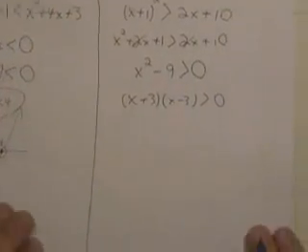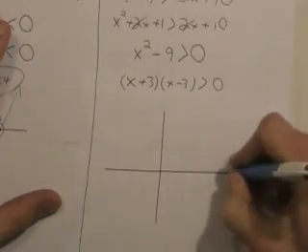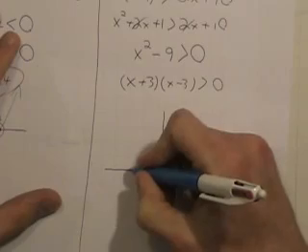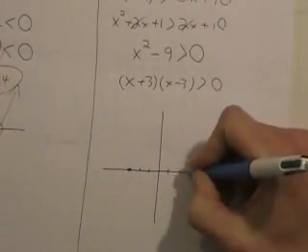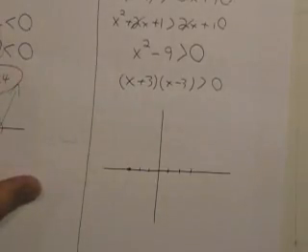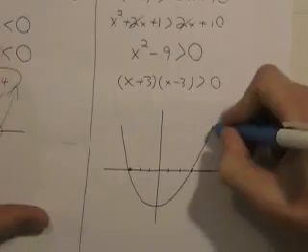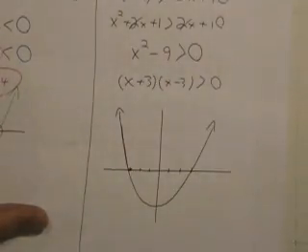And when we go to graph this up, we know that again it's a parabola. It's 0 at minus 3, and it's 0 at 3, and it opens up. So it's going to look like this. And so what's the problem asking for?